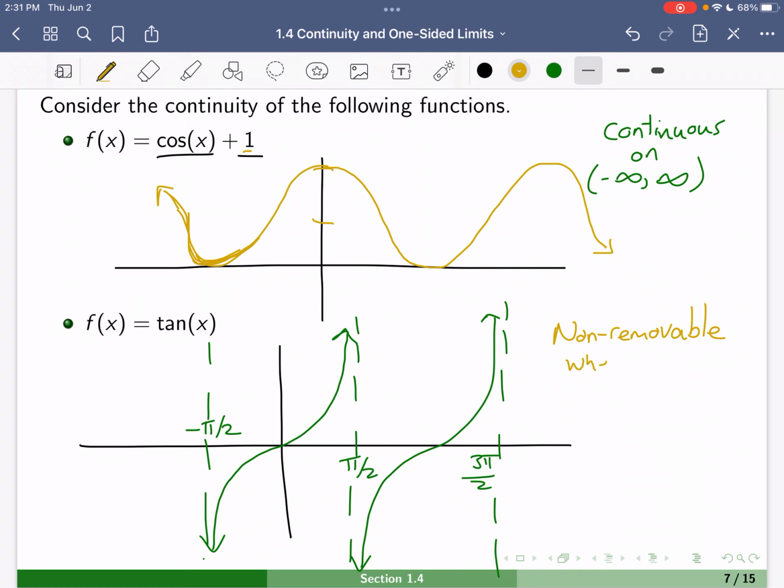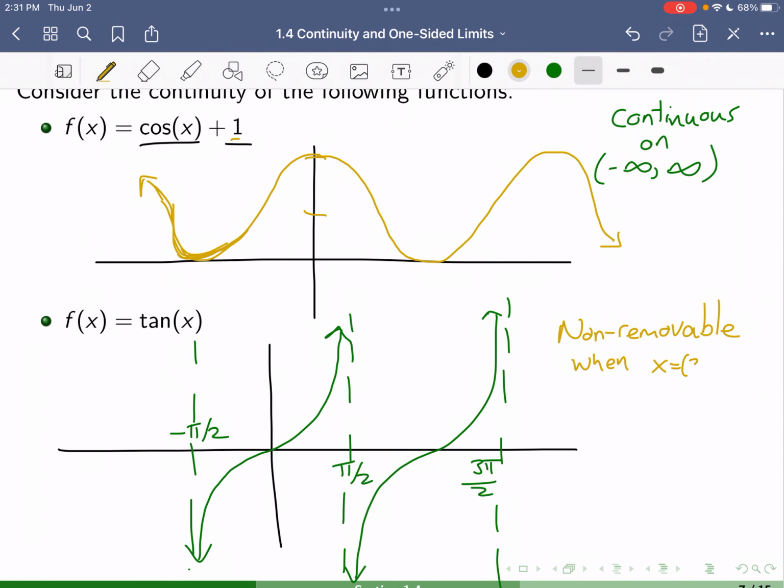when x is equal to an odd multiple of pi over 2. We can write that as 2n plus 1 times pi over 2, for n being an integer.